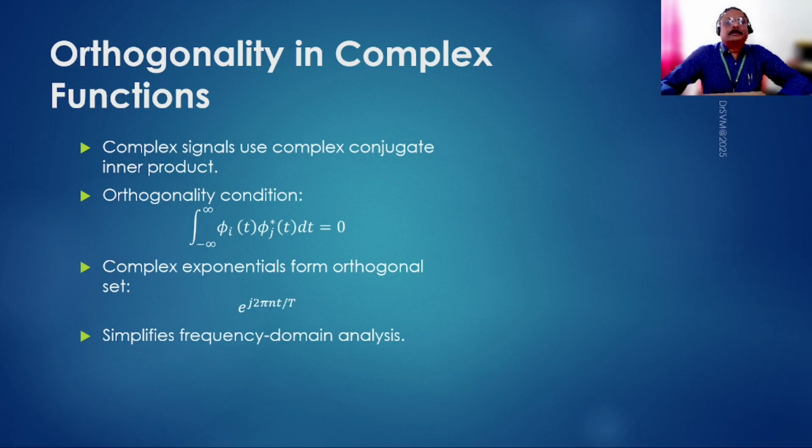This orthogonality in complex functions is very useful when we are working in frequency domain analysis, as we discussed earlier. It all depends on the observer's speed of visualizing the situation, how fast the observer can visualize.